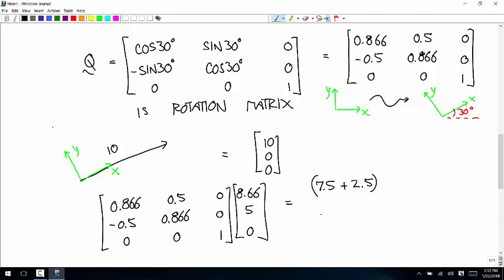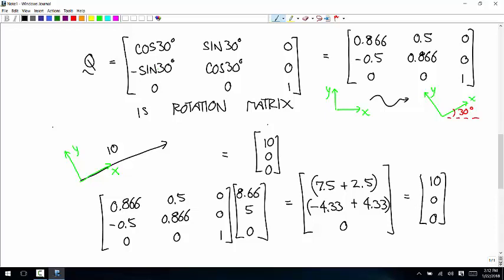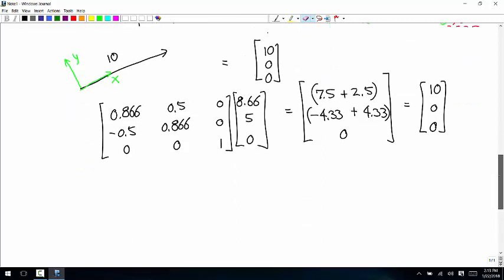Then you get negative 4.33 plus 4.33 for the y component. Then you get 0 for the z component. That gives you 10, 0, 0. Okay, so that's how the rotation matrix works with vectors. So how do you get the rotation matrix?